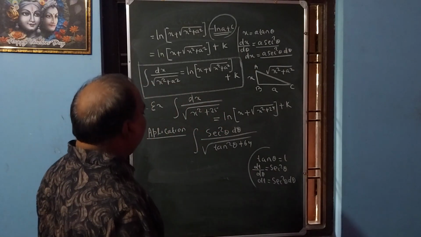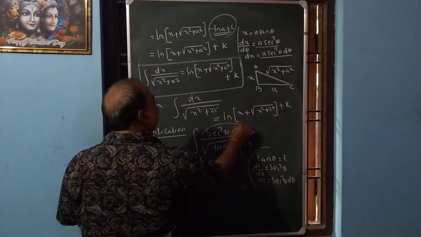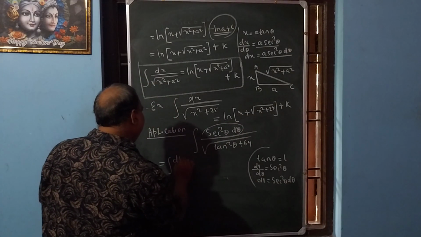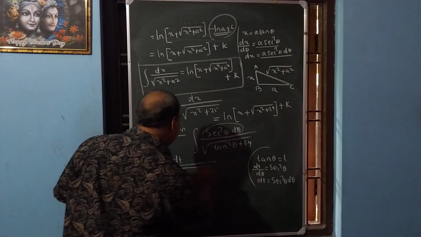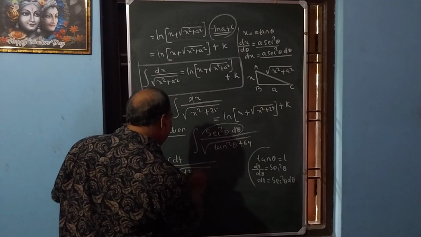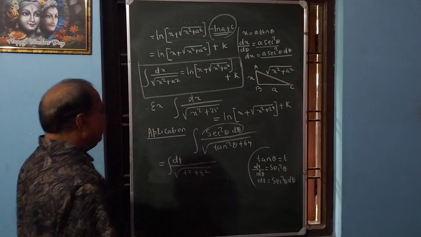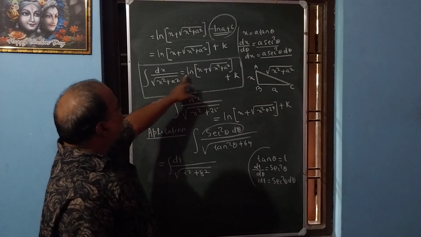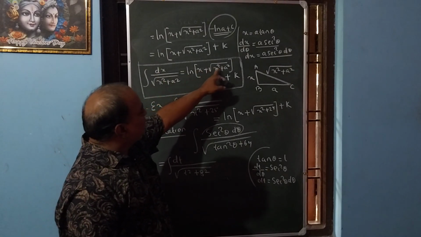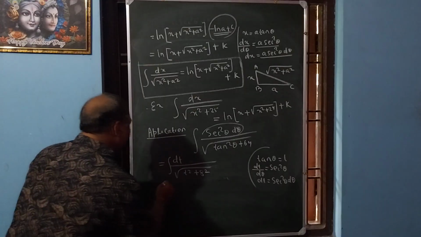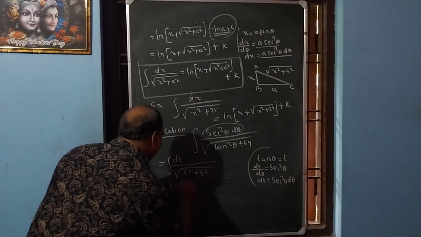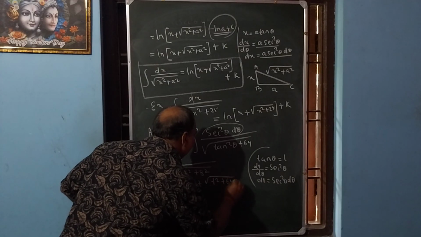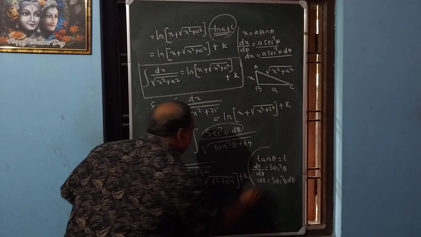Now the integral becomes, in place of sec square theta d theta, we put dt. So it is dt divided by root over t square plus 8 square. Now applying the formula, we get ln of t plus root over t square plus 64, plus k, where k is constant.